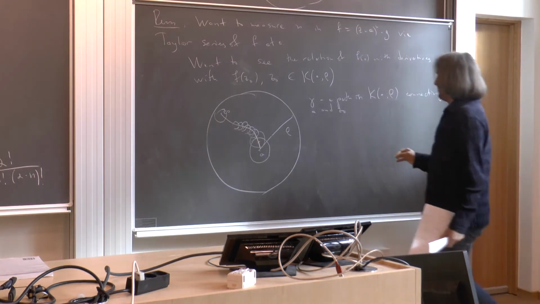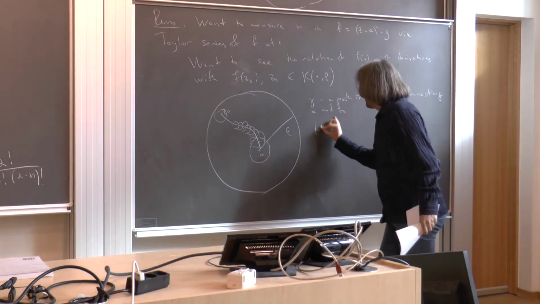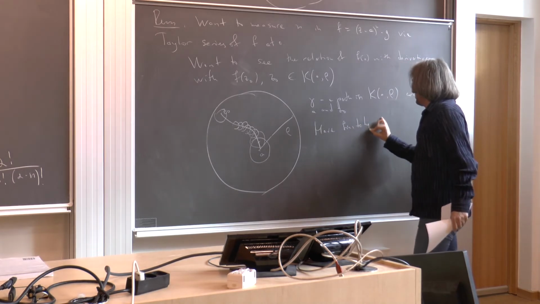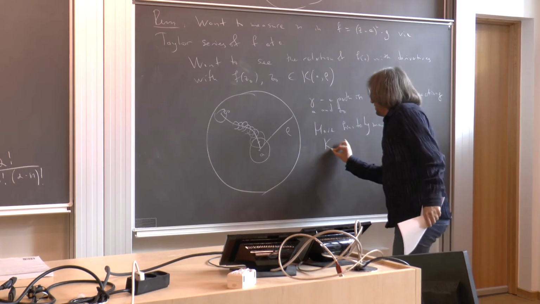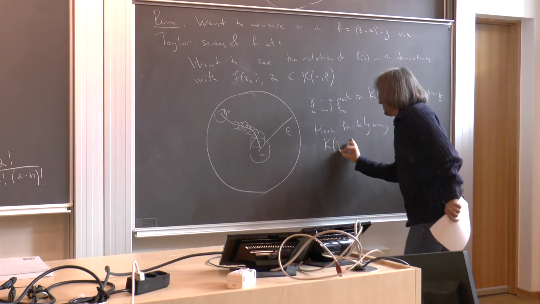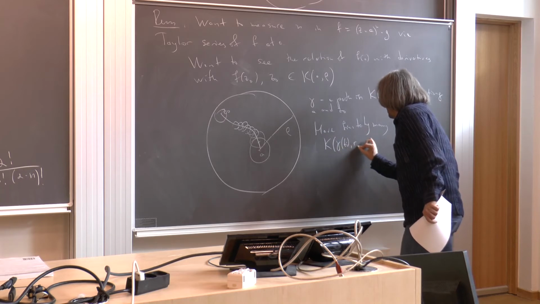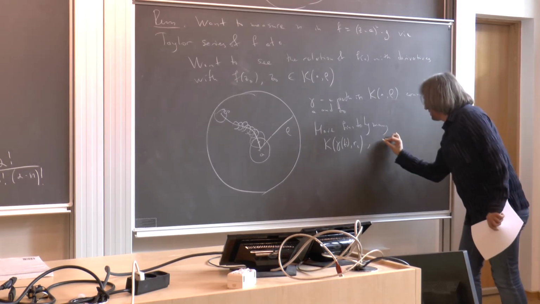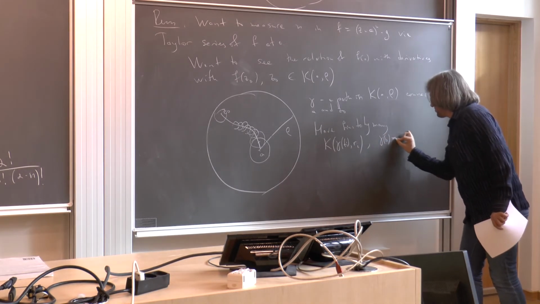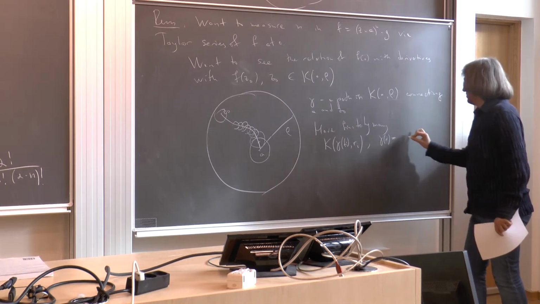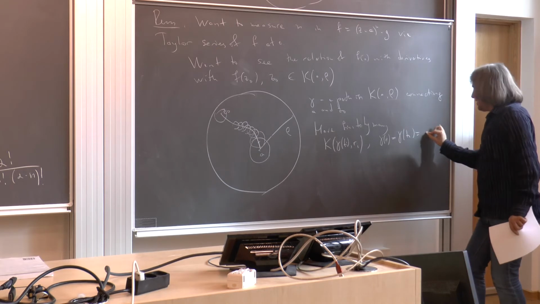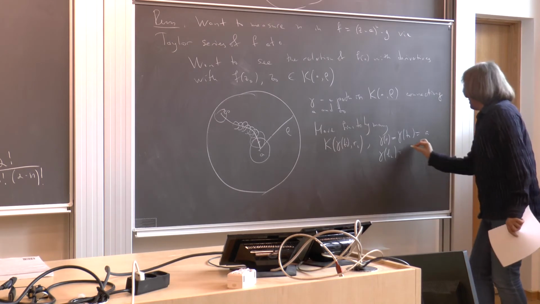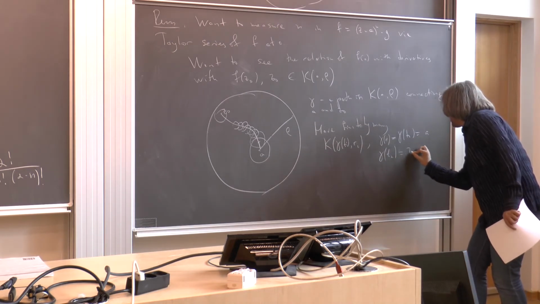So we have finitely many disks, say centered at gamma of t_i with radius r_i, with gamma of t_0 equal a, and gamma of t_n the last one, which is z naught.